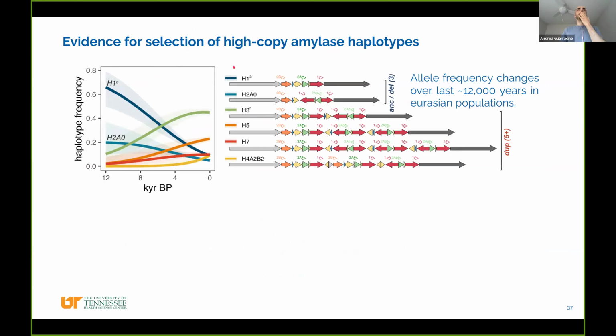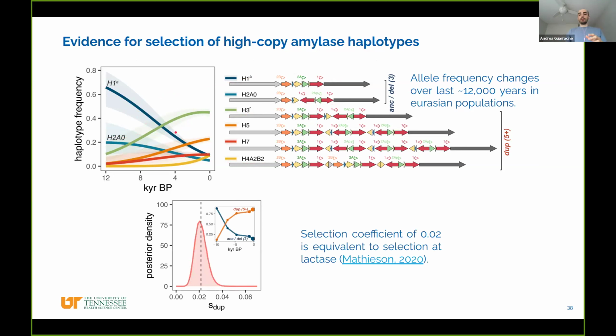And you can see, for example, the ancestral state, the shortest one, so 1 copy for each gene, 1 red, 1 green, and 1 orange. This one, H1A, its frequency decreased over time. The same for H2A0, another short configuration. While the configurations with a higher number of genes, so longer haplotypes, increased in frequency over time.